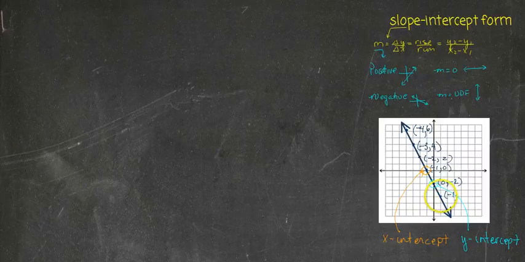I suppose I might as well continue labeling my points. X equals +1, y equals -4. And then this last one, x equals 2, y equals -6.